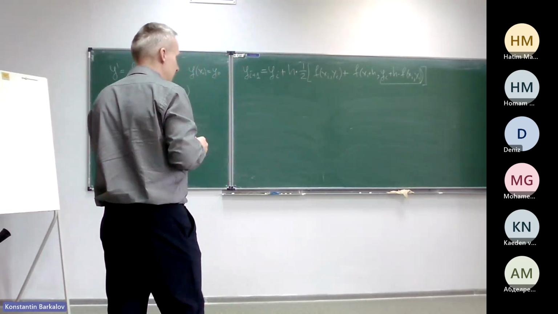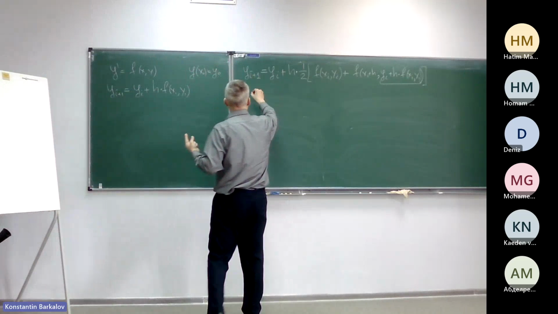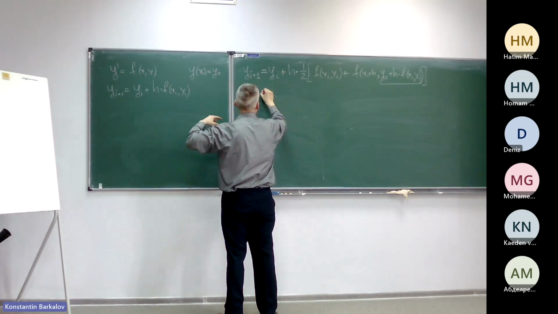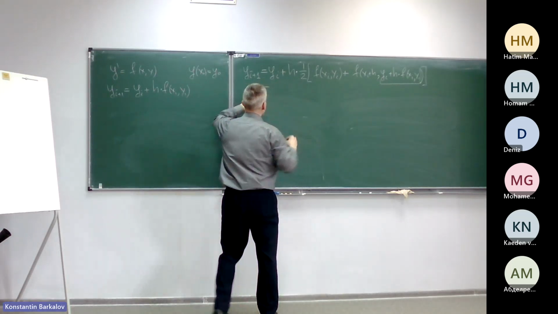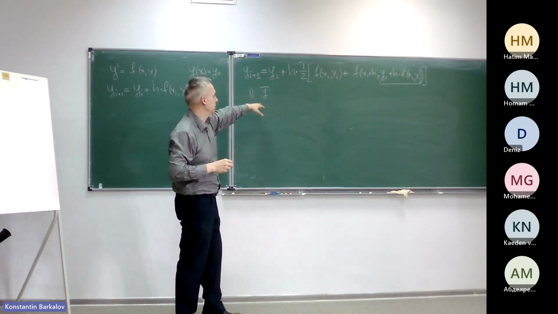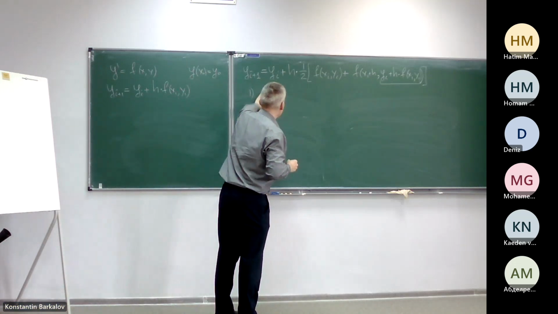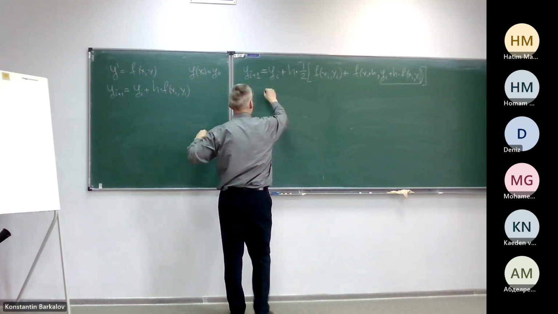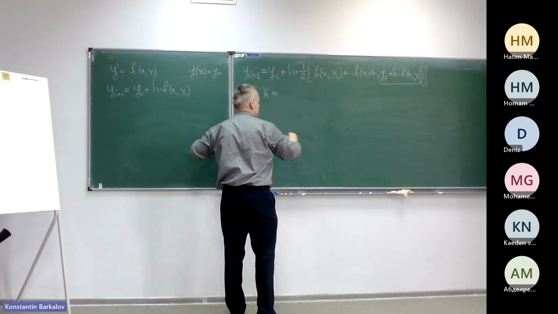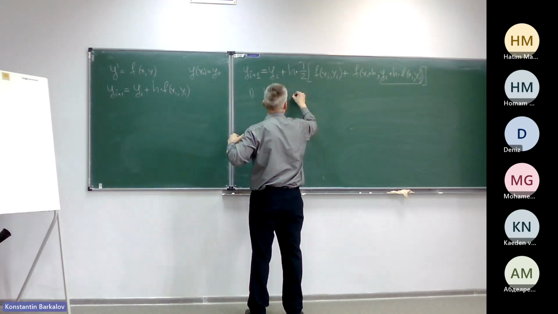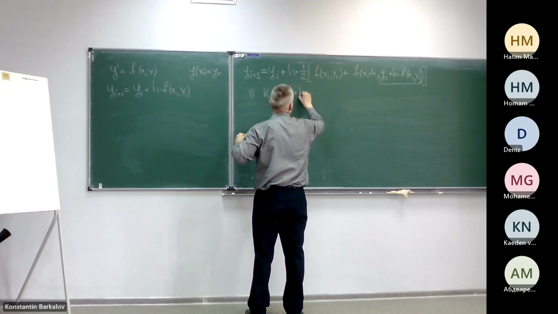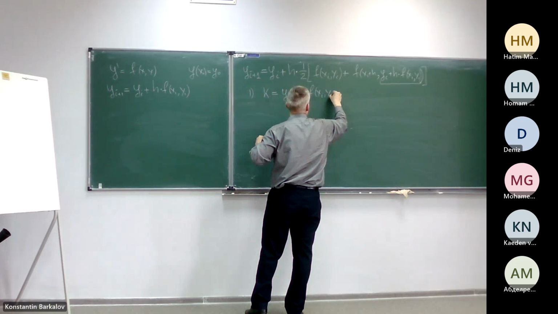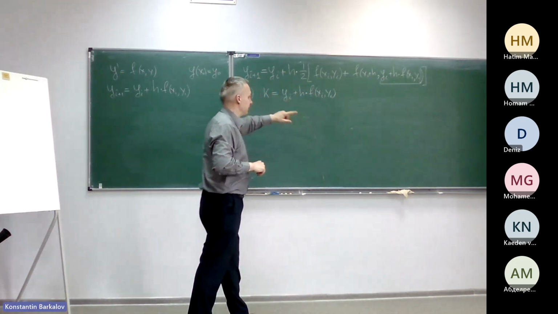First stage, we must find the intermediate value that we denoted with y with a line, or very often it's denoted just as k. Let's denote k equals yi plus h times f of xi yi. This is the first step.